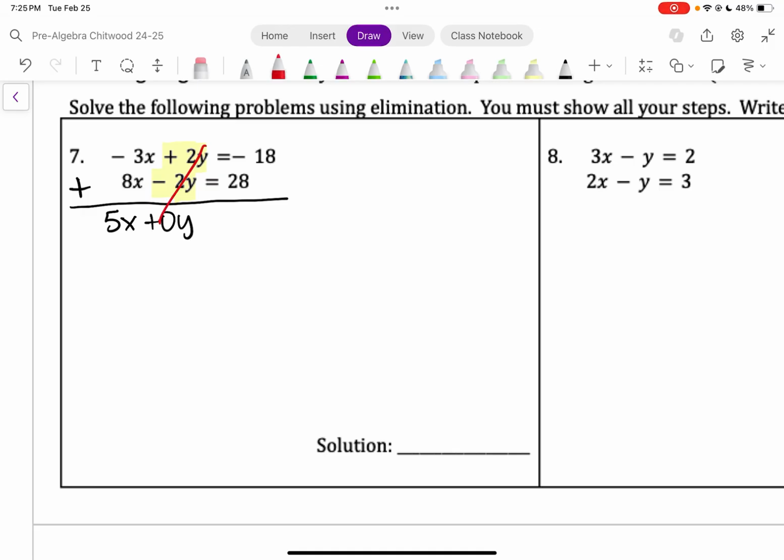We can just cross that out, equals 0. Then negative 18 plus 28 is going to give me 10. So 5x equals 10. Then I want to divide by the coefficient, divide by 5, and I get x equals 2. So we found x by eliminating y.